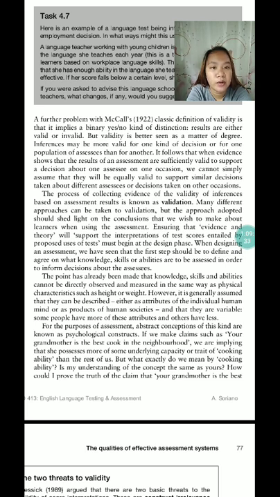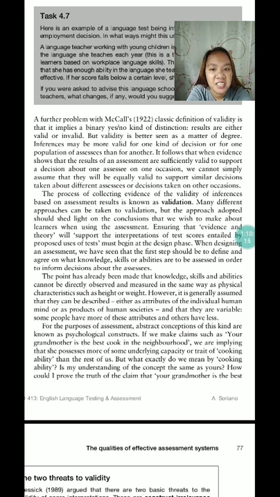It follows that when evidence shows that the results of an assessment are valid to support a decision about one assessee on one occasion, we cannot simply assume that they will be equally valid for supporting similar decisions taken about different assessees or decisions taken on other occasions.